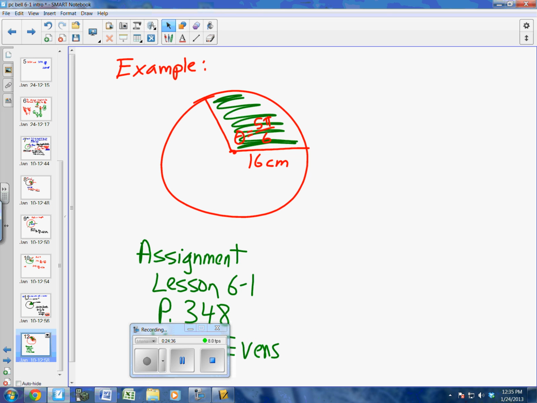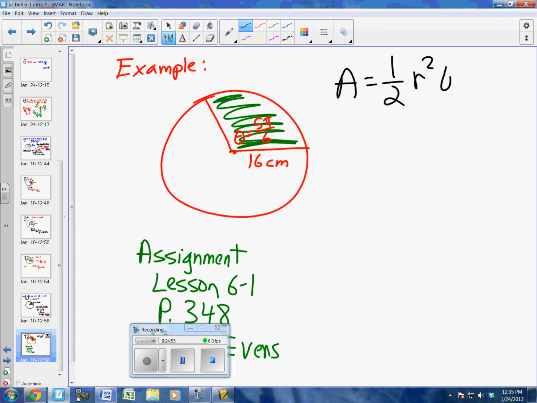Okay. This says 5 pi over 6. Okay, if we had this, what's the formula again? Area equals 1/2 r squared times theta, right? So 1/2 of 16 squared times what? 5 pi over 6.